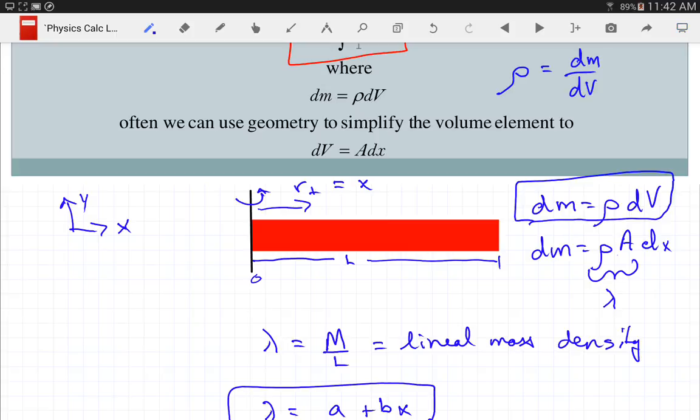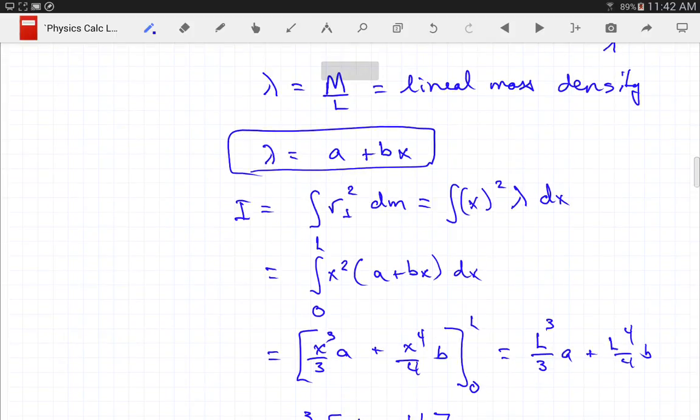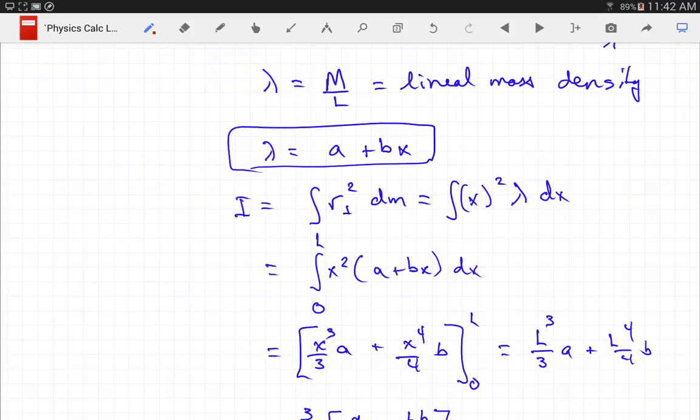If I didn't have that, well, I'll just write the three options in a different color over here. If you have a problem that can be broken down into one dimension, if it only has variation in one dimension, then you can have dv is equal to a dx.